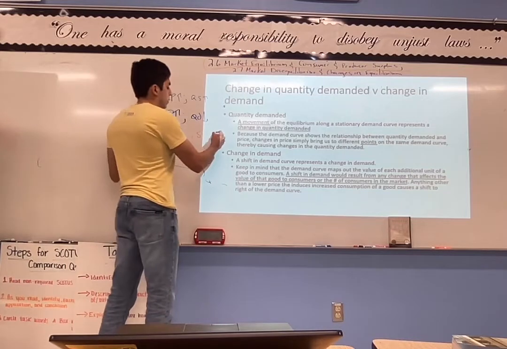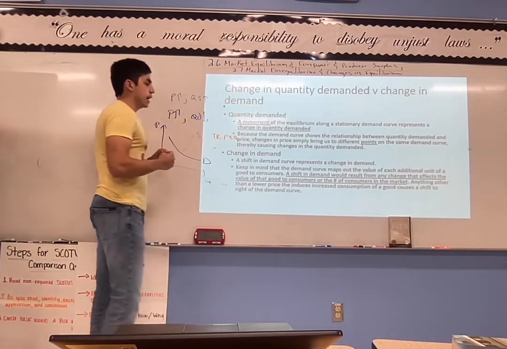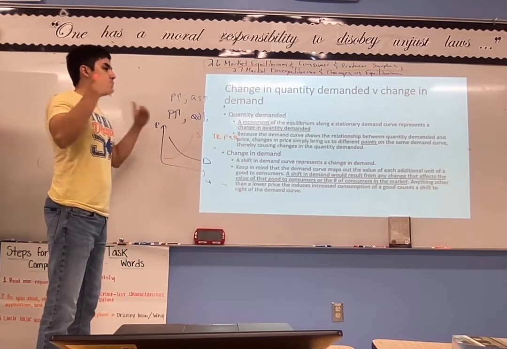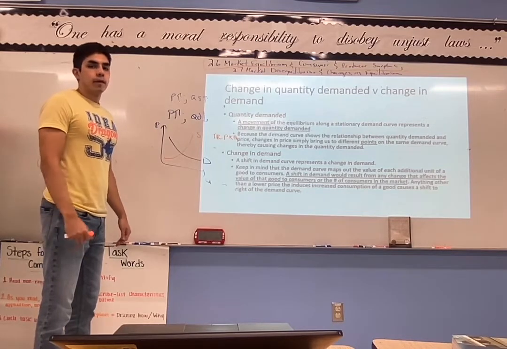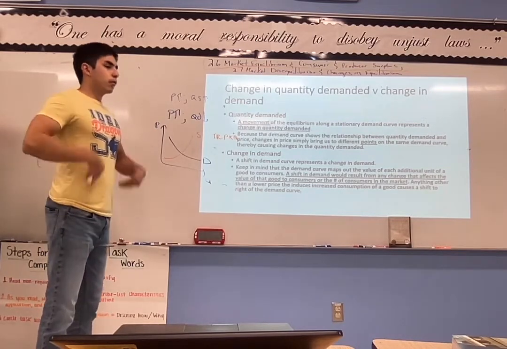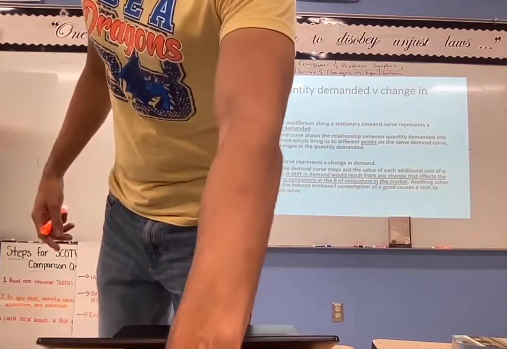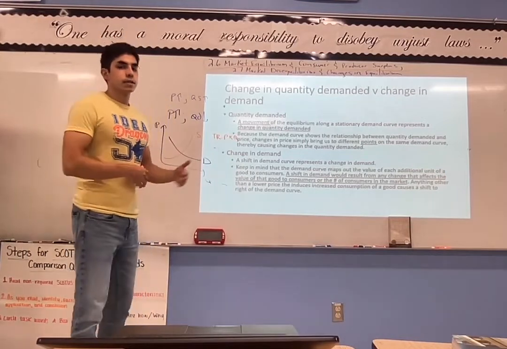If a firm's total revenue is just a function of price times quantity, as a firm, as a business, as a supplier, you want a higher price as you produce more and more output, right? That's going to be better for you, and you're more willing to produce at that higher price, right? Because if you're just producing a good or service over and over again, your opportunity cost might grow.